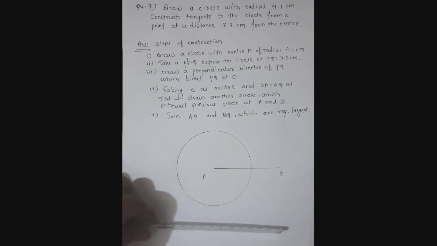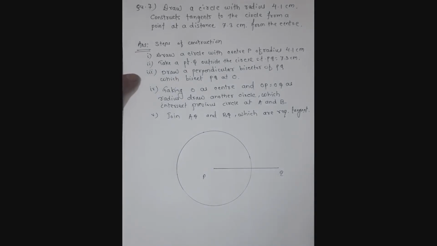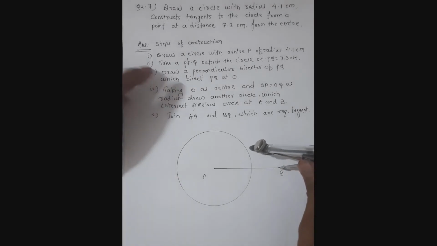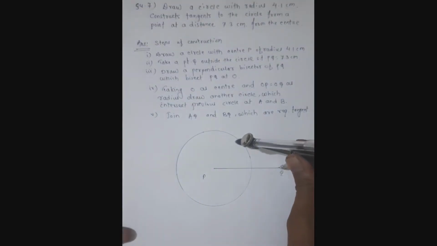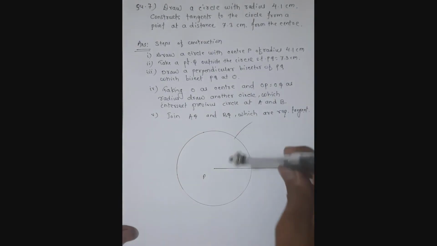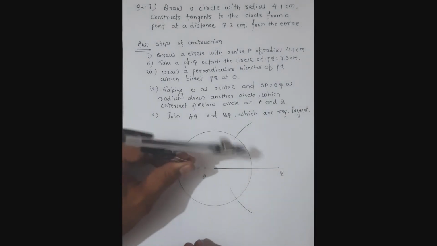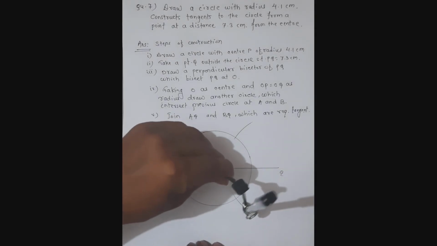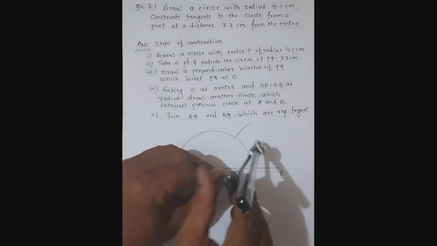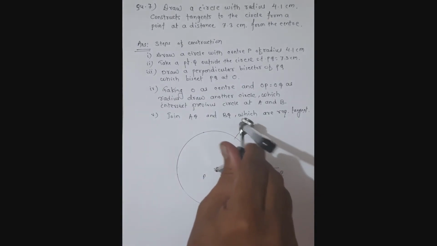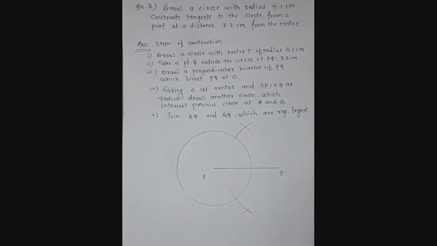Now according to the third step we have to draw the perpendicular bisector of this PQ. So we have to take more than half distance, and mark, putting one point of the compass at P and Q. So these are two intersecting arcs.